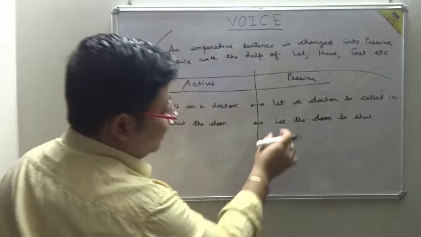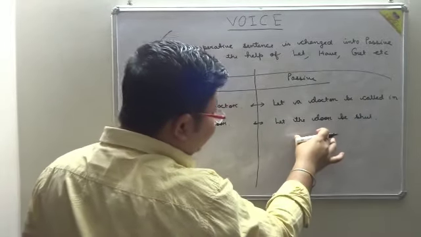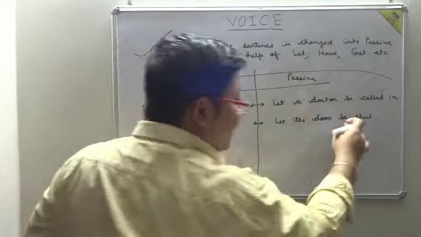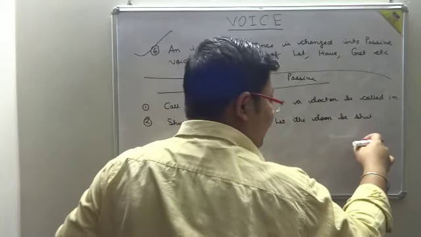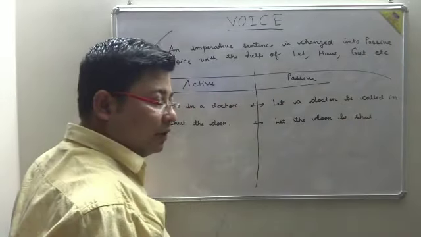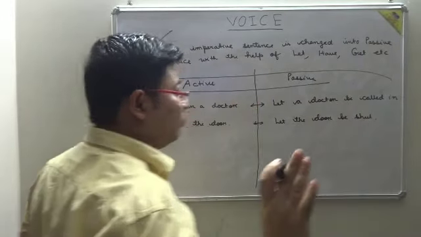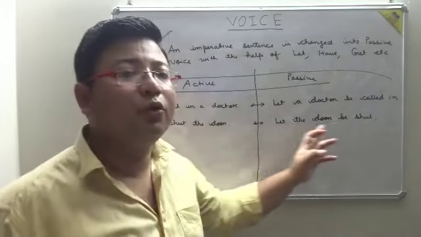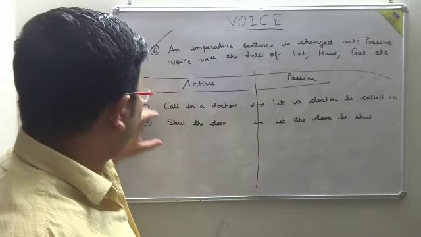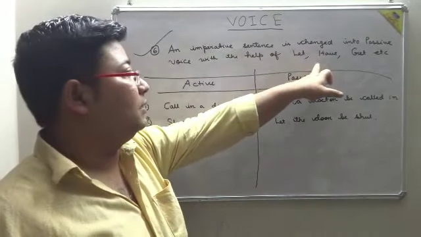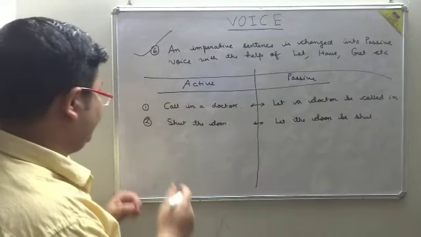See, let will come, then the object, plus be, plus the past participle form of the verb, plus the remaining part of the sentence if it exists. Shut the door, let the door be shut. I told you using let. Now have.